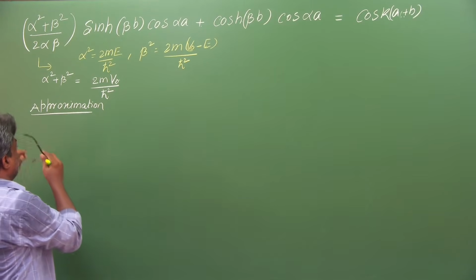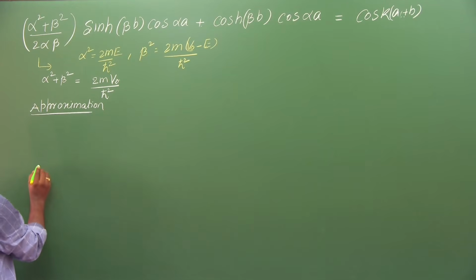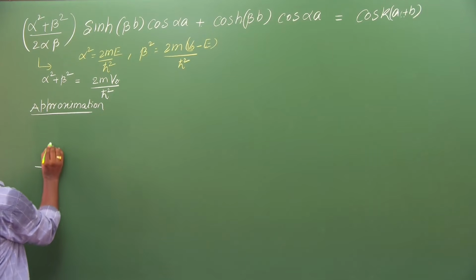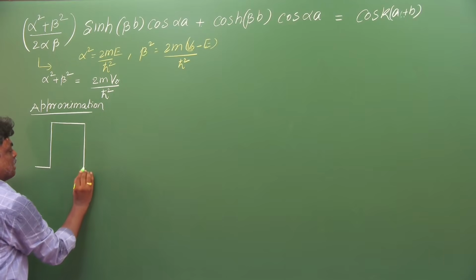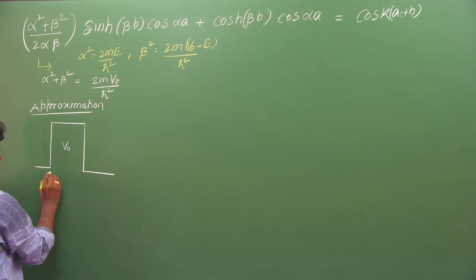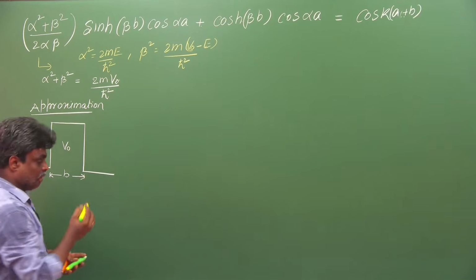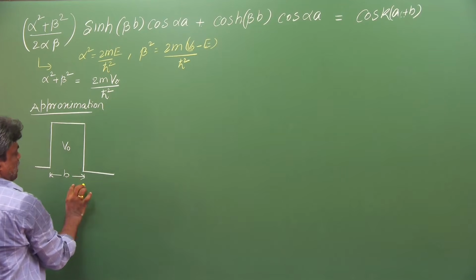Okay. Here we are taking an approximation. What is that approximation? Listen. Earlier we took the potential barrier height as V naught and the barrier length as b. Yes or no? Here we are taking an approximation again.